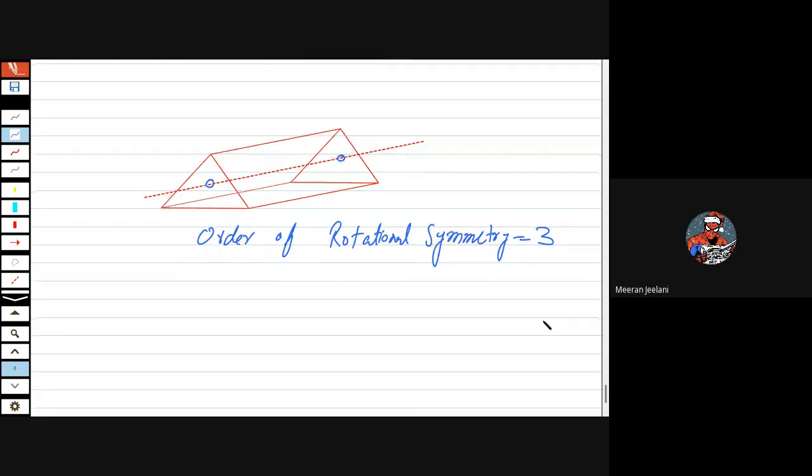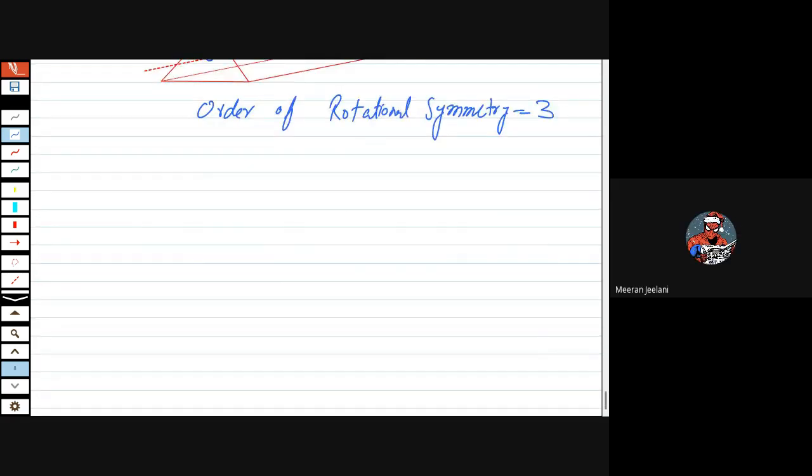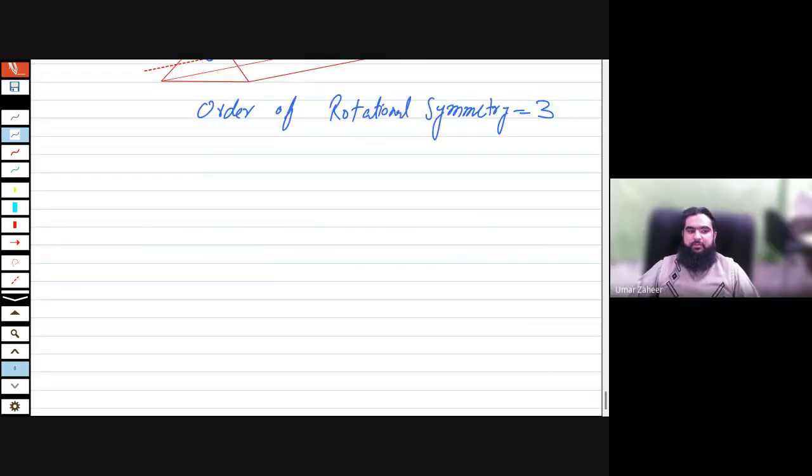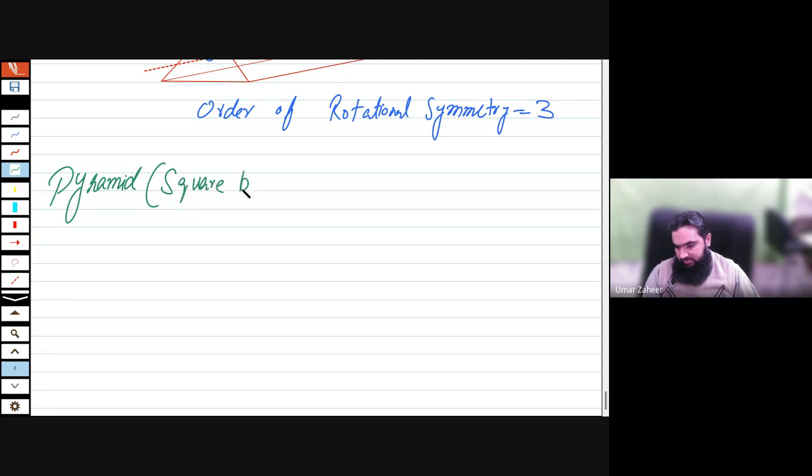After that we have to make a square base pyramid as well. You have to make a pyramid that must have a square base. Let me draw it here.